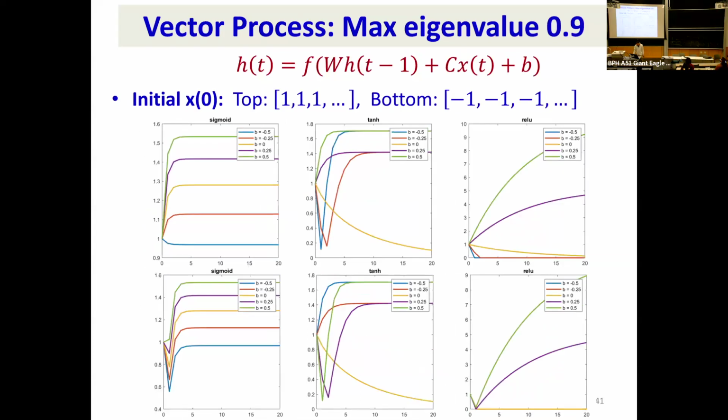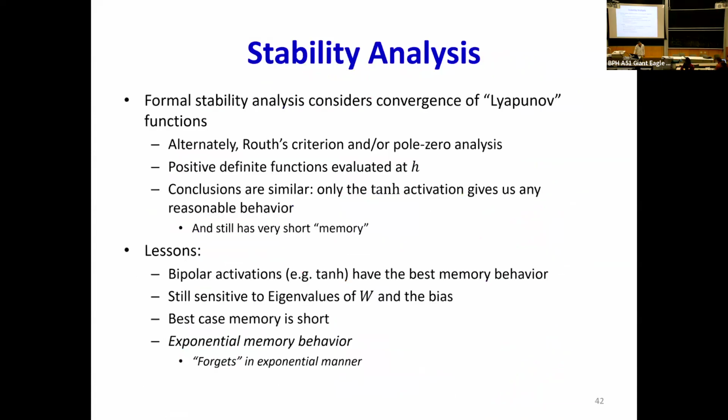This is for a different H value, but the lesson remains the same: the standard recurrent architecture has really poor memory. The best case is for the tanh activation, and even there it remembers things for maybe half a dozen time steps before it basically loses track of what had been input.